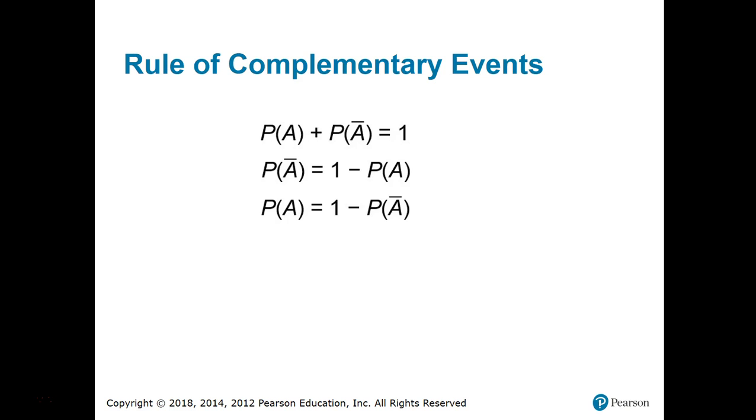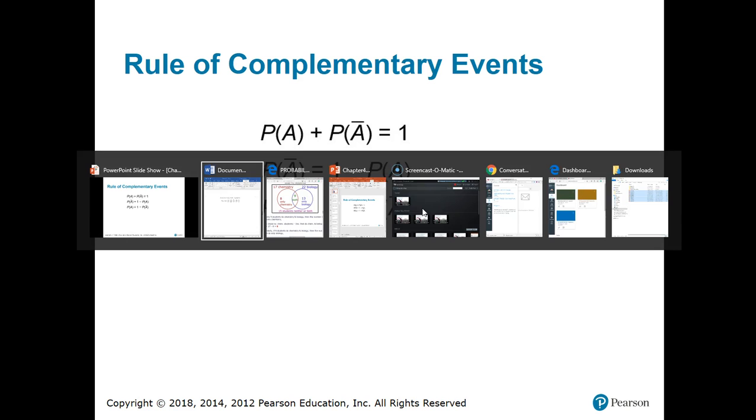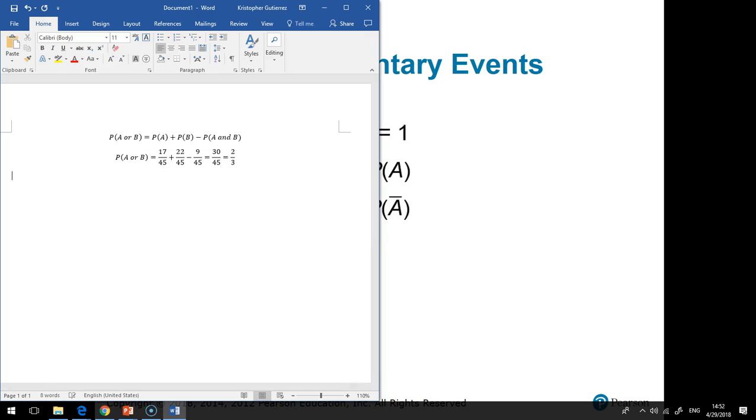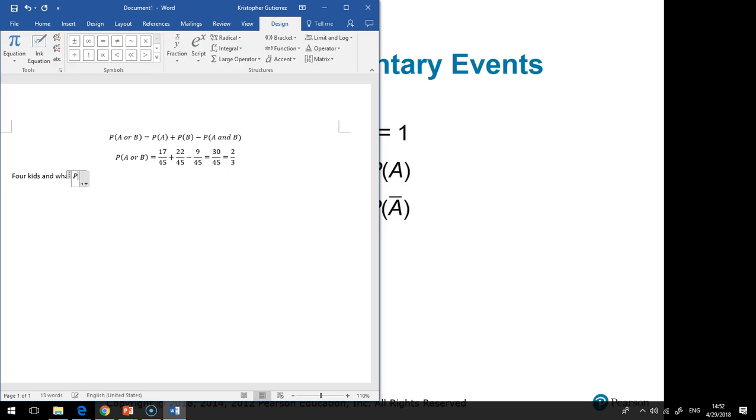However, okay, and let's go to Excel. There we go. So let's say 4 kids, and what is the probability of girl being greater than 0?